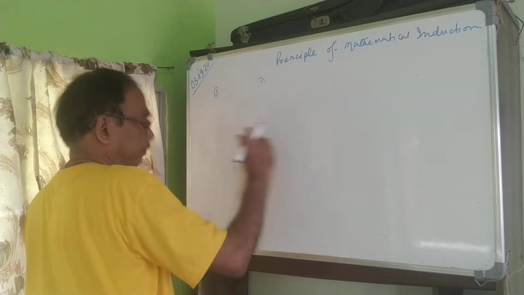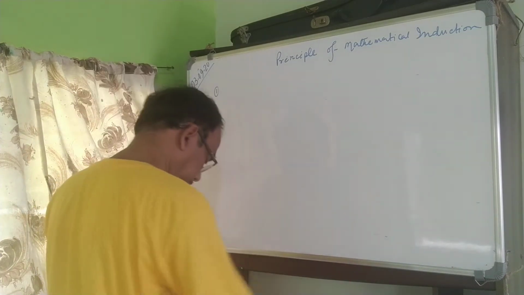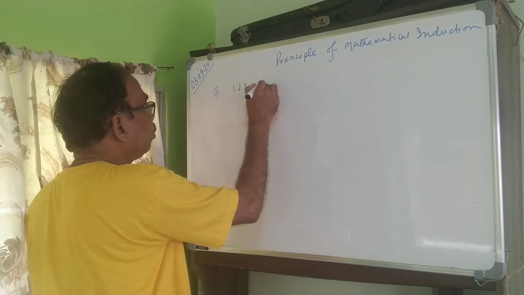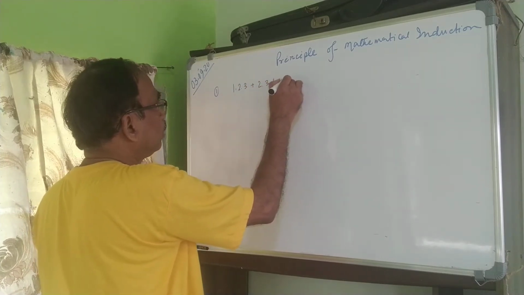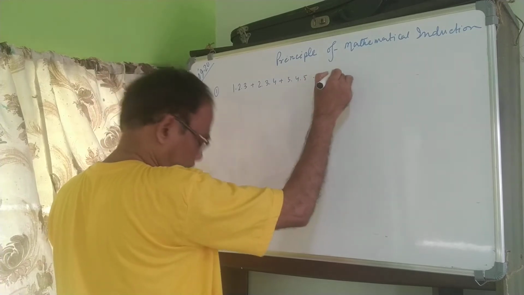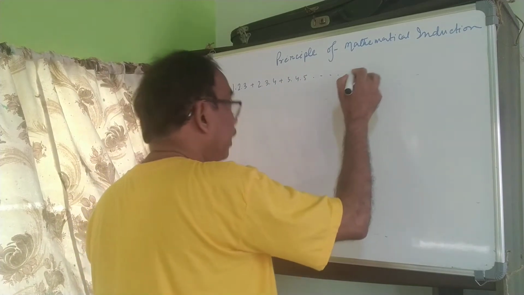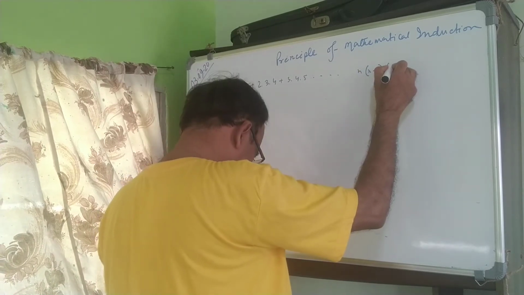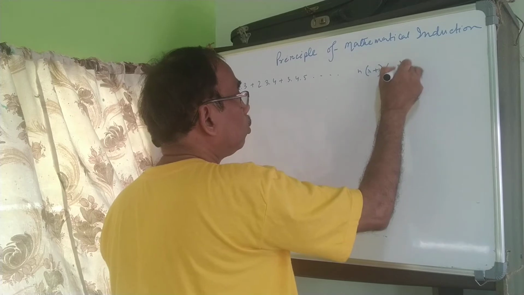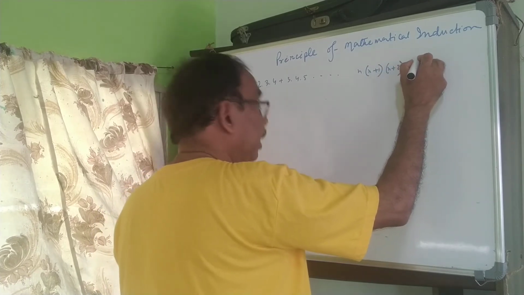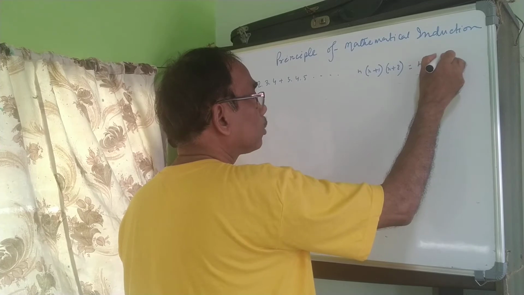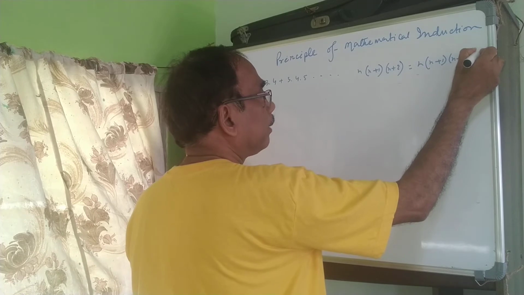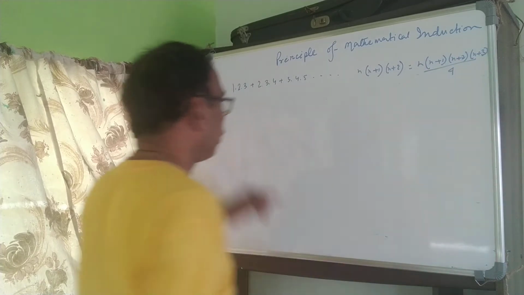Sum number 1. 1 into 2 into 3 plus 2 into 3 into 4 plus 3 into 4 into 5 plus ... plus n into n plus 1 into n plus 2 equals n into n plus 1 into n plus 2 into n plus 3 over 4.